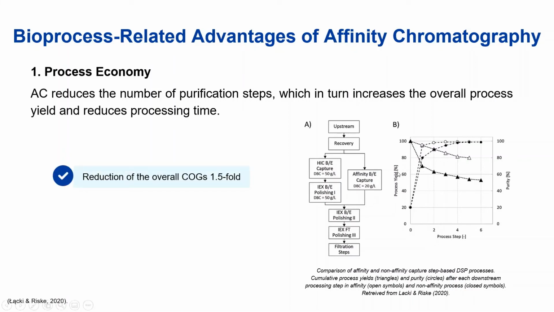This is because the first non-affinity step has a much lower yield, as we can see here. Thus, the overall process yield ends up being significantly lower. Also, cost of goods can be further reduced by increasing resin cycling and improving target loading. For instance, protein A resins are now routinely cycled between 100 to 200 times.